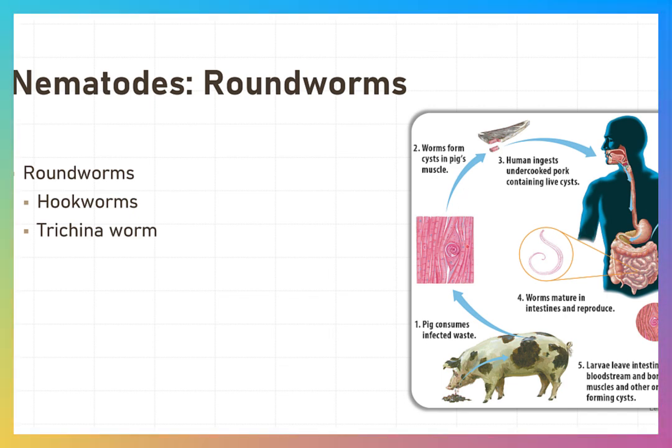If the pig meat is then eaten by a human, if it's undercooked, then this cyst enters into this person's body. The worm then matures and migrates out and gets into the muscles of the human, while the larvae from these worms pass out into the feces, and then the cycle continues again.